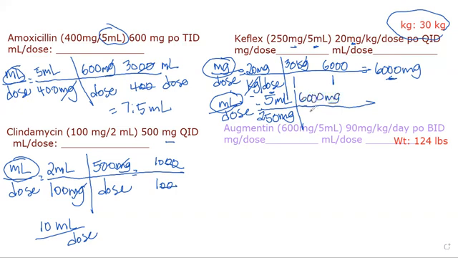So we have 6,000 milligrams per 1 dose. It's going to cause us to cancel out our milligrams. We're going to be left with milliliters per dose. So this will be 30,000 divided by 250. Get rid of one of our zeros just to make it a little easier.